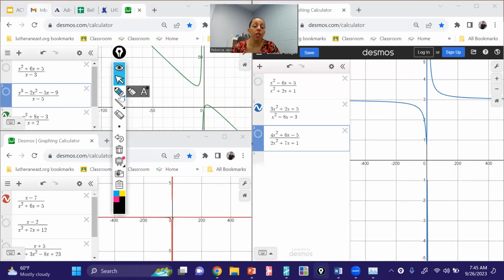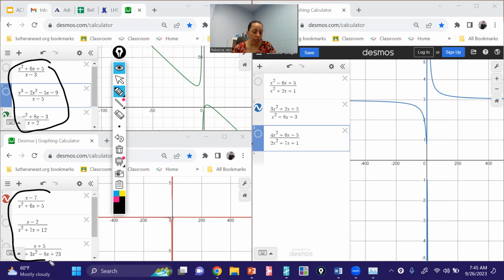And since each Desmos I put together was similar, you should have the equations written down. But what I want you to study for a little bit and look for is that these 3 equations are very similar in some way. And these 3 equations are very similar in some way. And these 3 equations are very similar in some way.